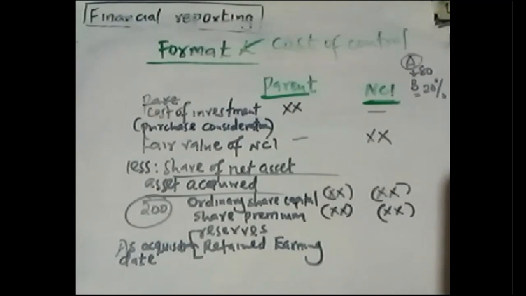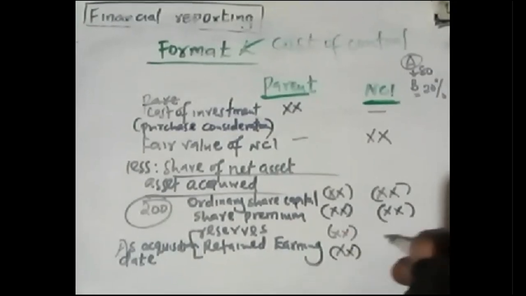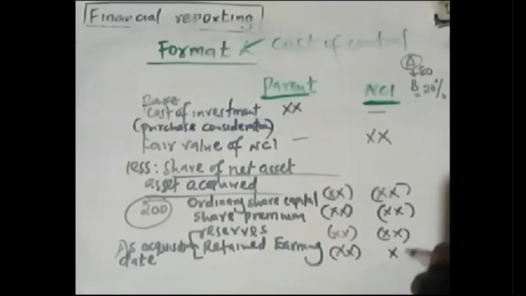If it's not provided, you have to know how to compute it. That one I will show you in a question scenario. Then the next thing, after getting that one, you have to share to the parent and to the NCI.